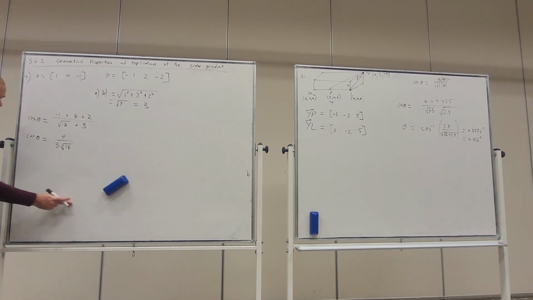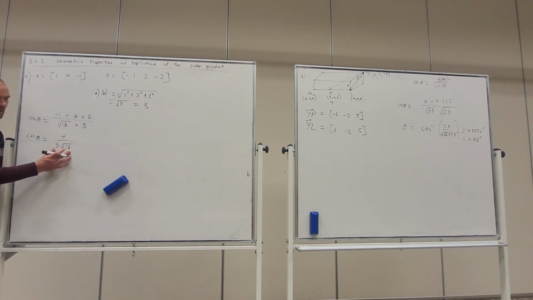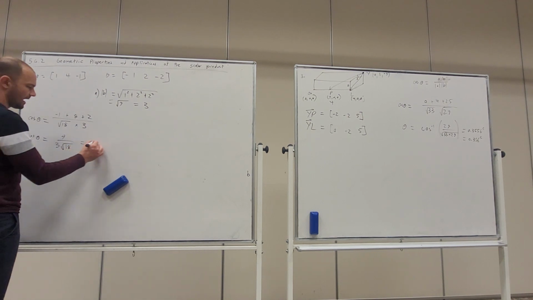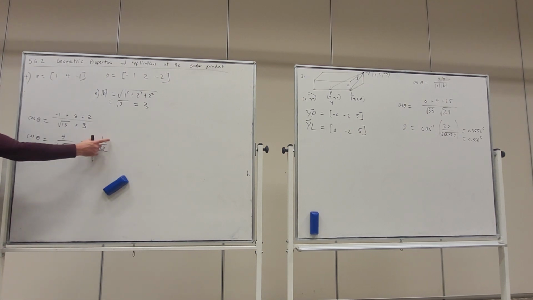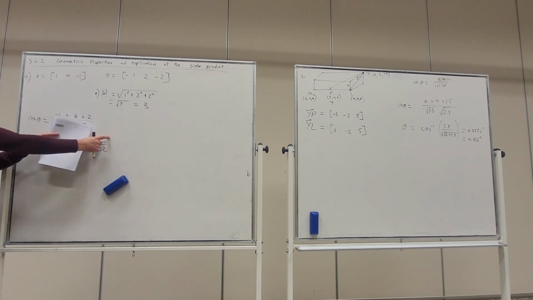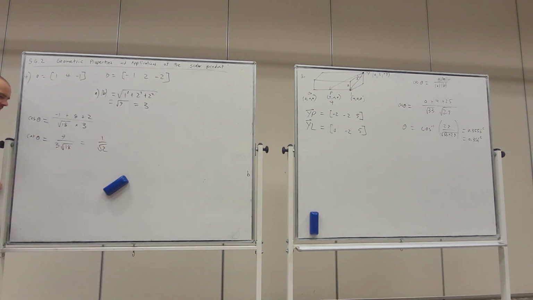However, maybe I'll just show you one more link that we can make, and that is to make this the same as 1 on root 2, or root 2 on 2. And the significance of that is that the inverse cos of 1 on root 2 is obviously 45 degrees because that appears on our unit circle.